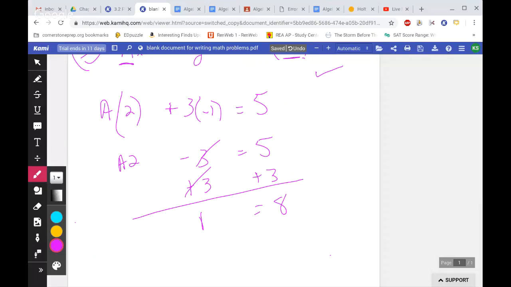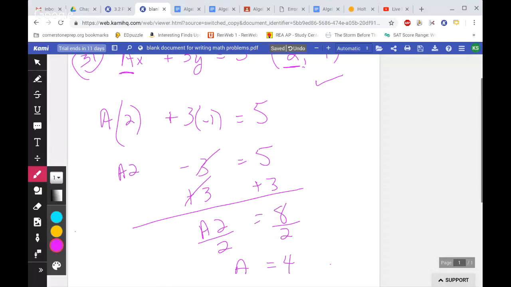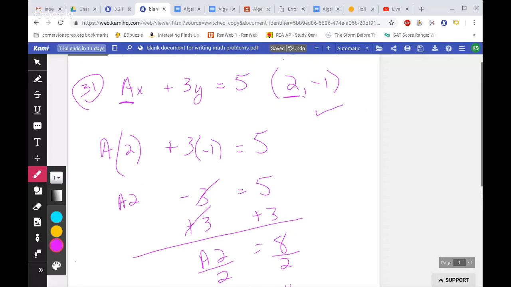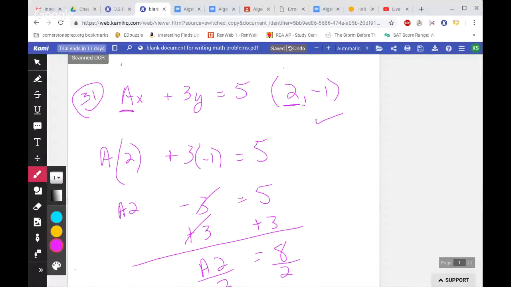So that's 8 equals A2, or 2A. We're trying to get to A, and this is a multiplication, and to undo multiplication, you divide. This is being multiplied by 2, so we're going to divide both sides by 2, and that's A equals 4. Now we have our A term, but the next part of the instruction says to go back and rewrite the equation with the missing coefficient.